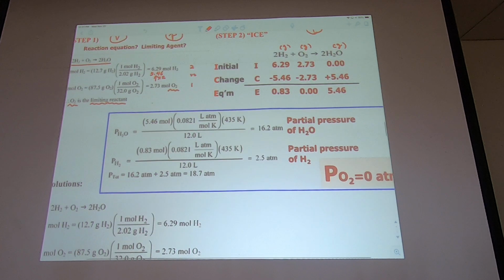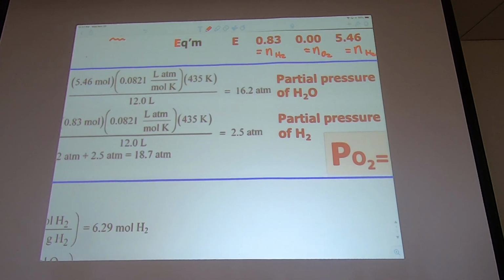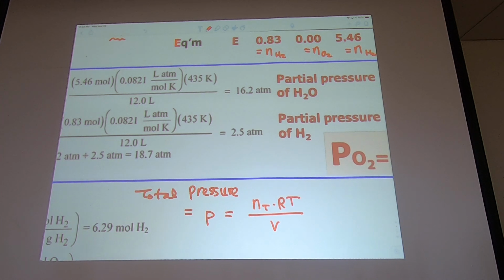So here, this is the number of moles of H2, this is the number of O2, and this is the number of moles of H2O. Right? And the total pressure is, let's say, P equals N total RT over volume.